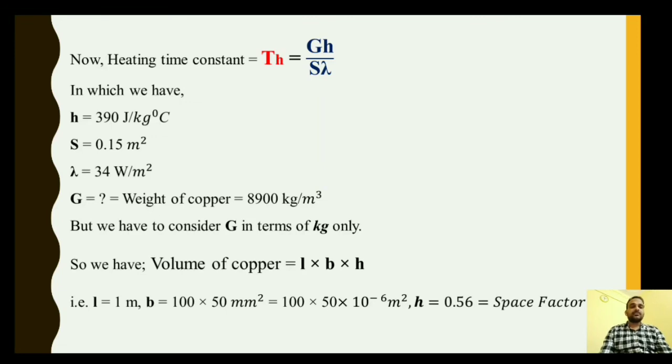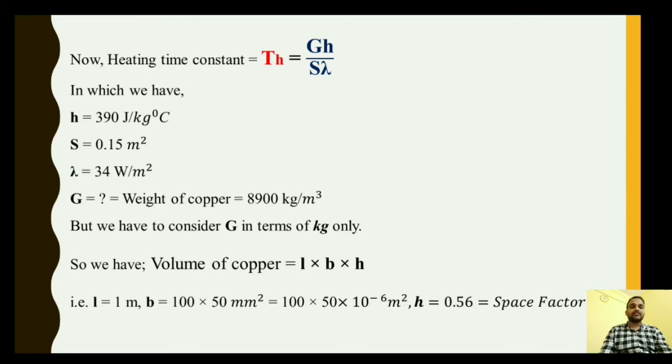So we have to cancel out that meter cube quantity per meter cube quantity. Let us see how we can calculate. We have the formula, volume of copper equals length into breadth into height. Any volume we have to calculate, the basic formula is length into breadth into height. Here the length mentioned in the numerical is 1 meter.